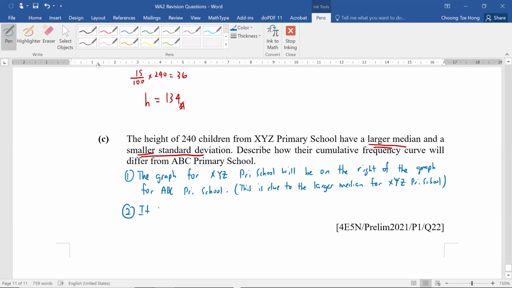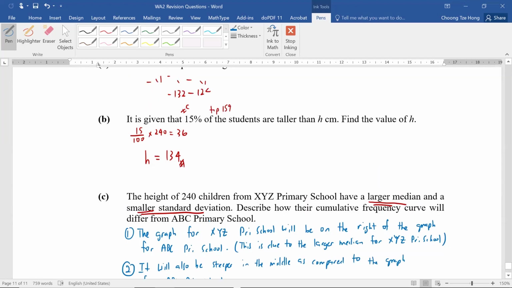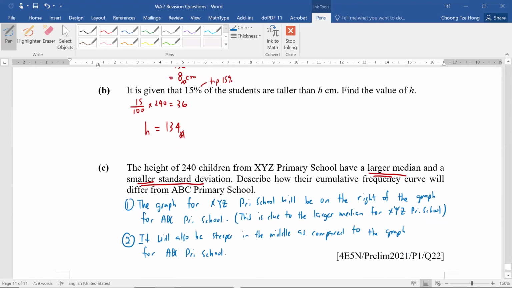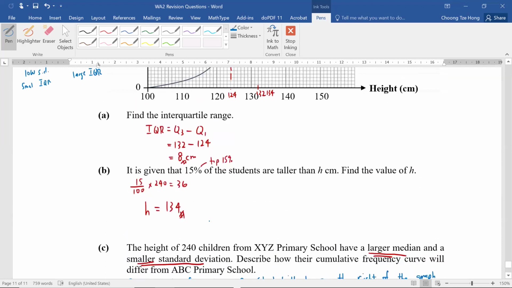So it will also be steeper in the middle part as compared to the graph for ABC primary school.